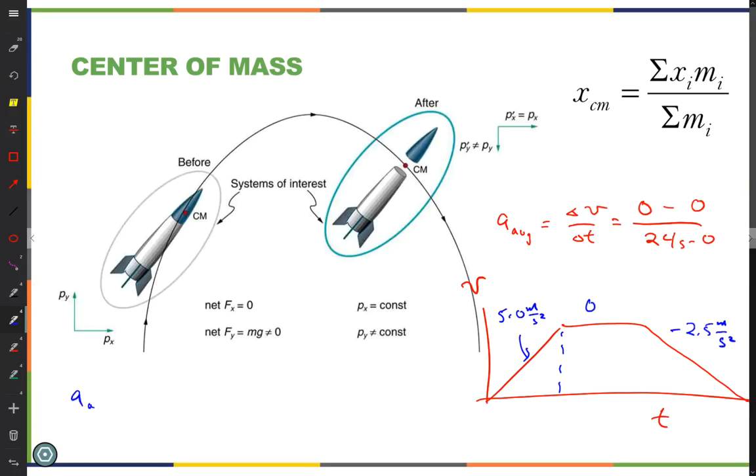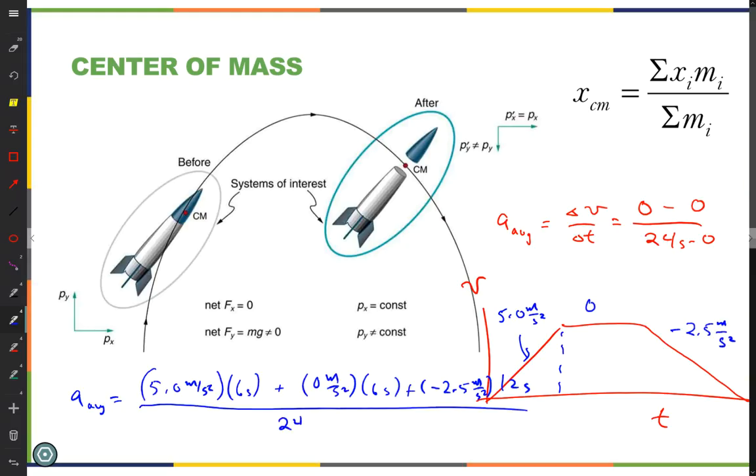So if you wanted the average from that, you'd have to weight it. 5.0 meters per second squared times 6 seconds plus 0 meters per second squared times 6 seconds plus the minus 2.5 meters per second squared times 12 seconds, because it was 12 seconds on that last part, and then divide by the total weighting factor, so divide by 24 seconds, and then when you did that, it gave you 0. Right, so it's that weighted average that you had to do there if you did the acceleration for each part.